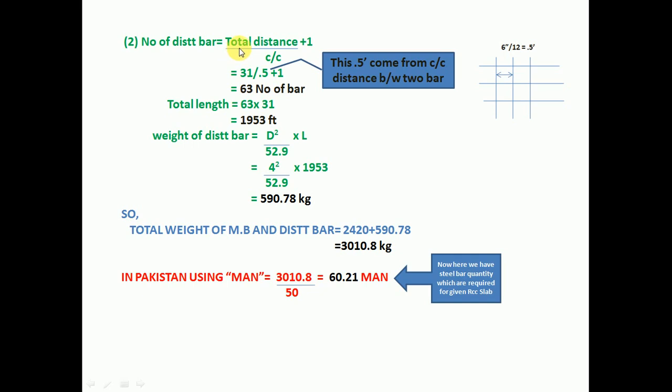So the formula is total distance divided by center to center plus 1. So here we have the total distance for the distributed bar, 31, divided by 0.5, plus 1.